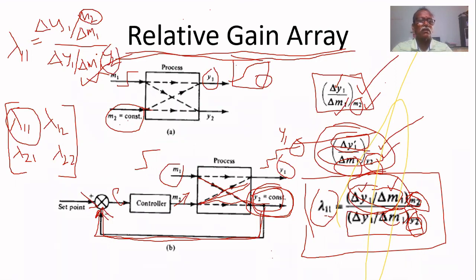To get the numerator, you have to keep the y2 loop open. If you get the ratio delta y1 by delta m1, you will get the numerator. How to get the denominator? Put this loop in closed loop and find the same ratio. The ratio between the two gives lambda 1 1. This way we can get all elements.